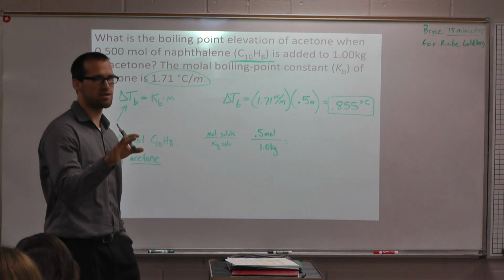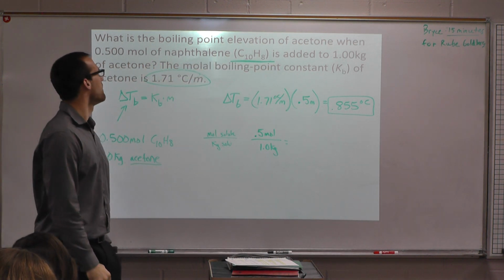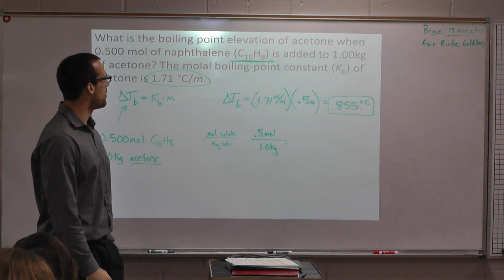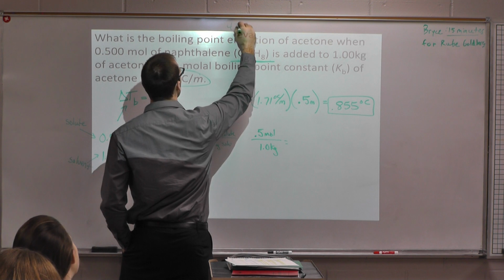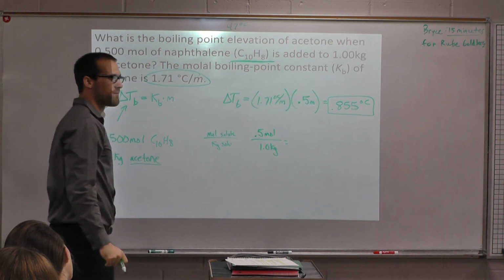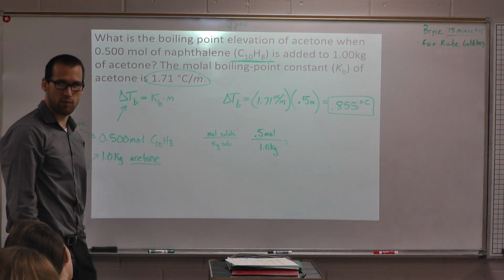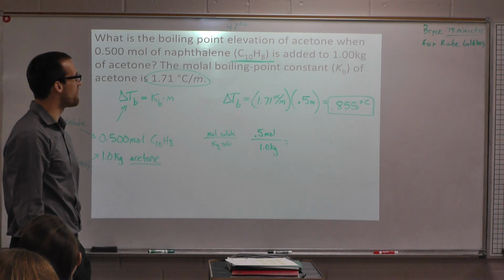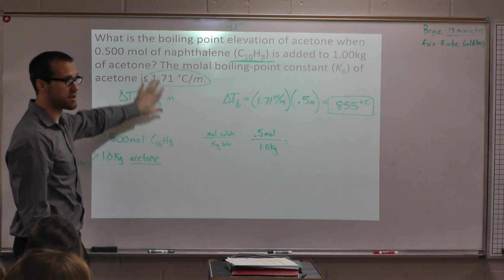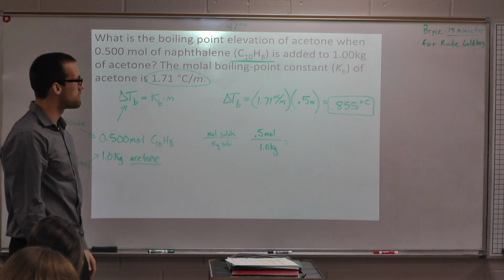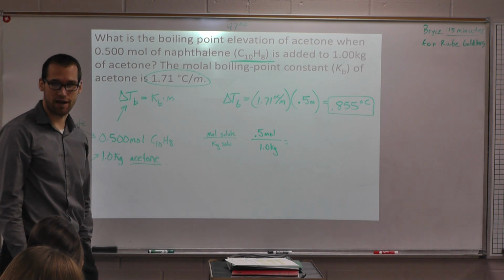But let me throw you something else that they could say. They could say the boiling point of acetone is 47 degrees Celsius. What is the boiling point of this solution? 47.855.